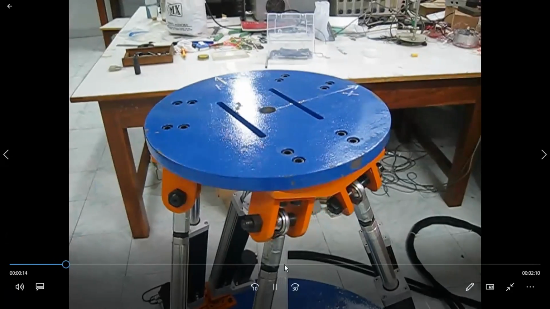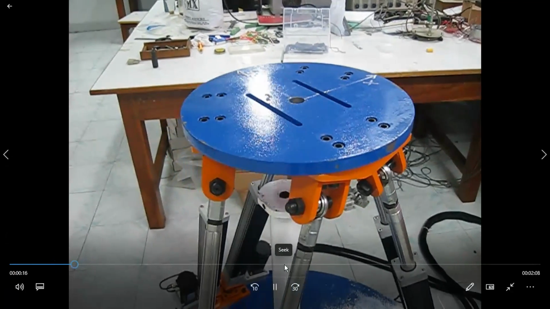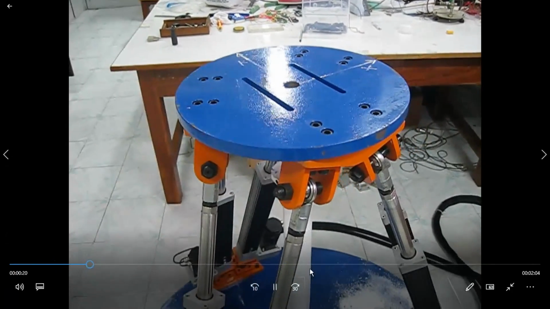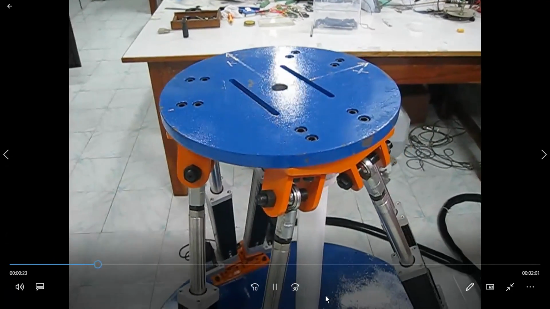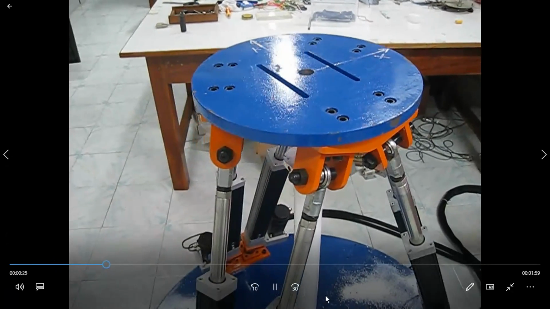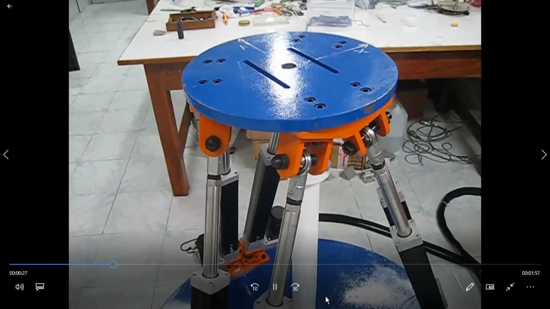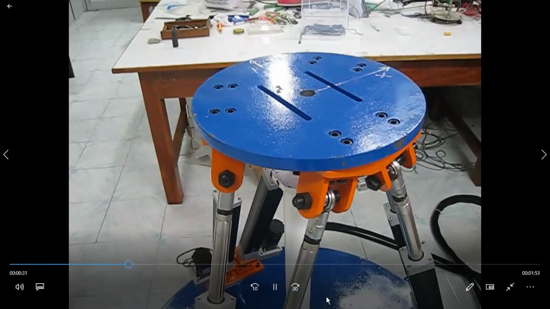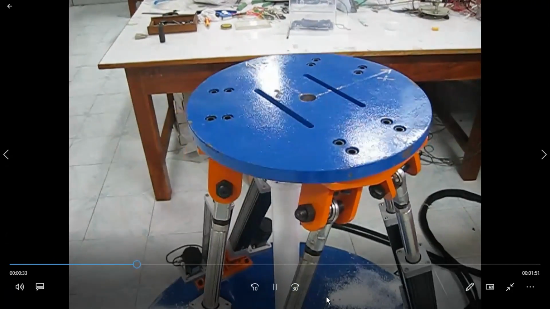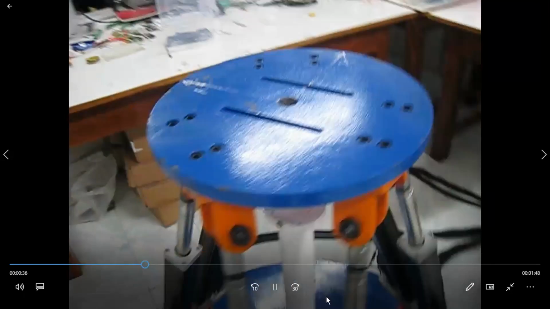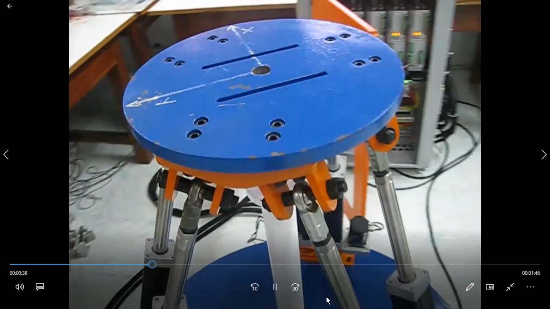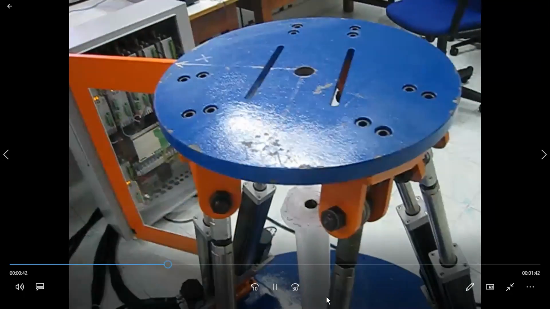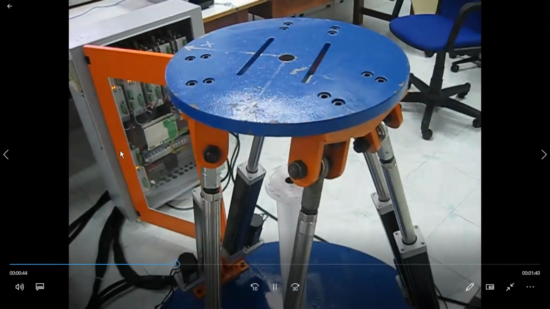Here actually, this is a flexible seat. Controller.